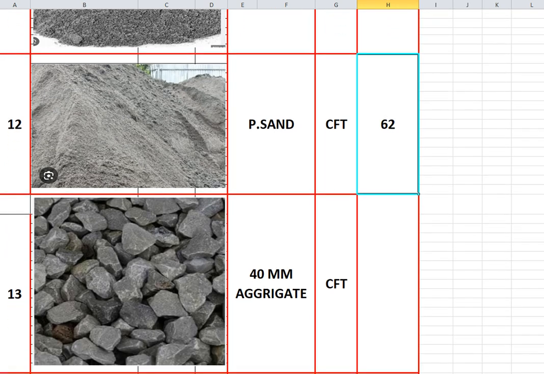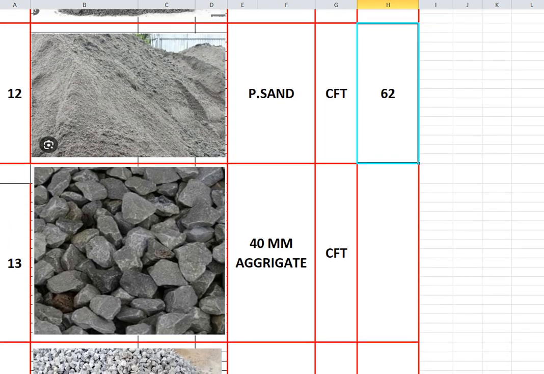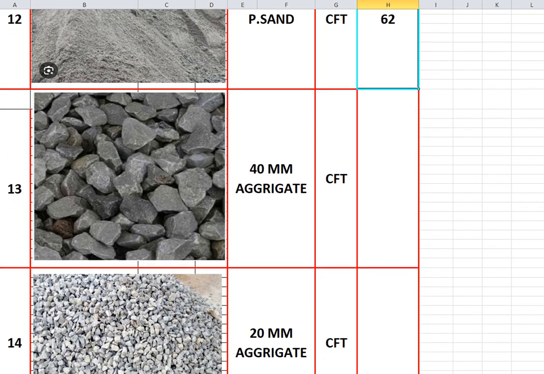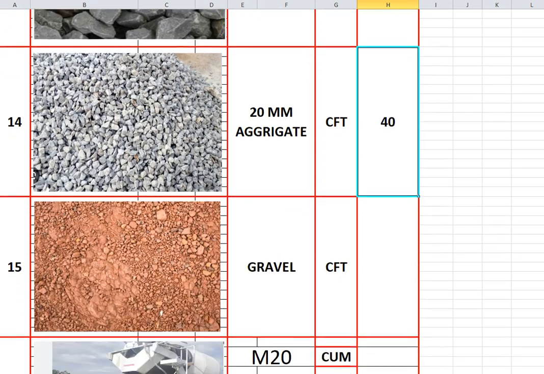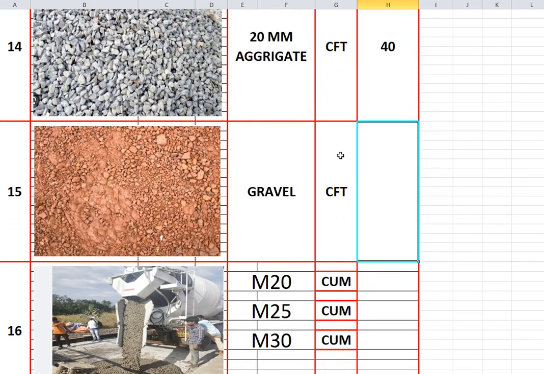Then we have coarse aggregate. The most commonly used are 40 mm aggregates and 20 mm aggregates, which are about 40 rupees and 42 rupees per CFT. Then gravel, which is a locally available material, is priced at 30 rupees per CFT.